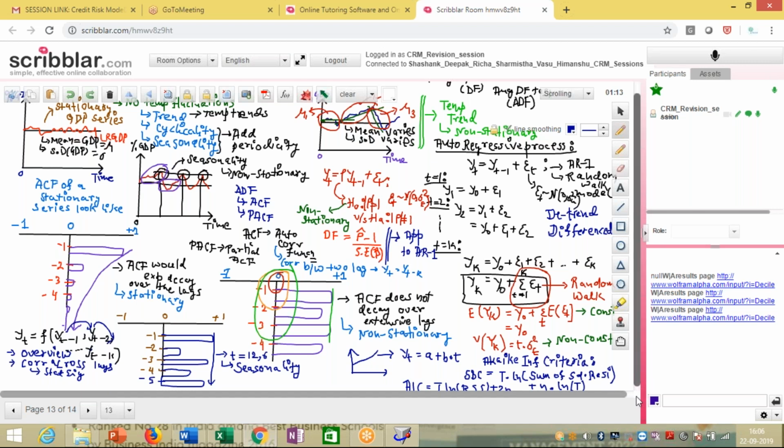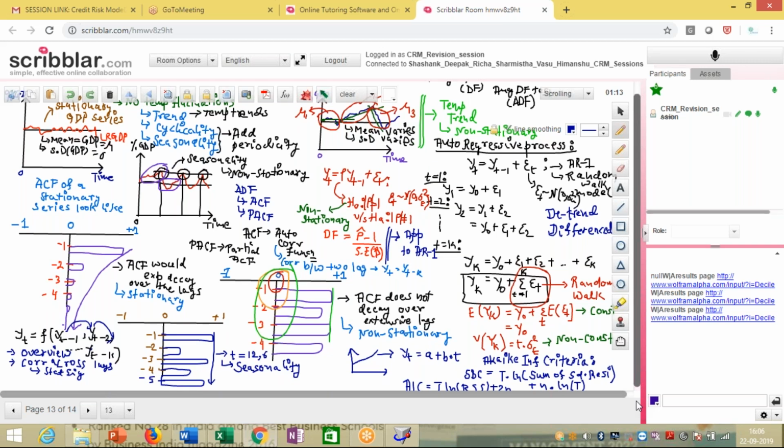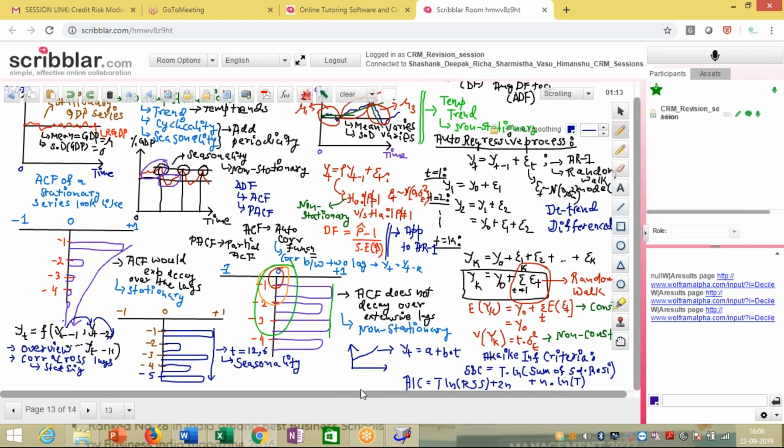Now, if you have a look at this 2n, what is this 2n? n is the number of parameters which is estimated, right? So the number of lags which are there. Each lag comes with a parameter estimate, right?